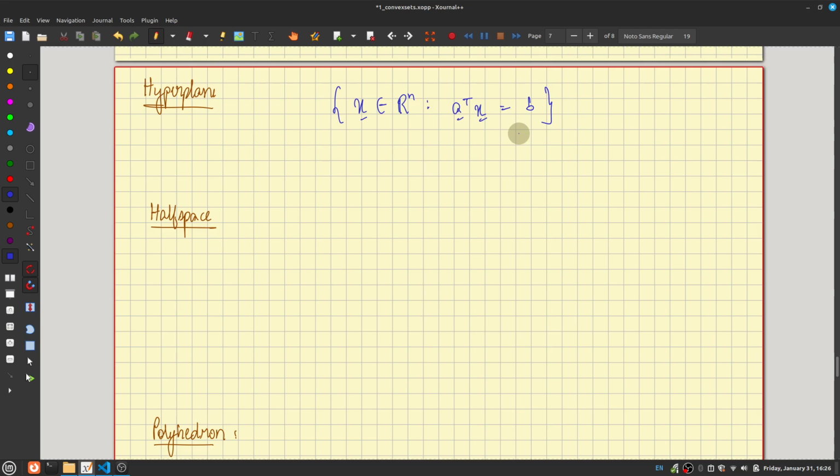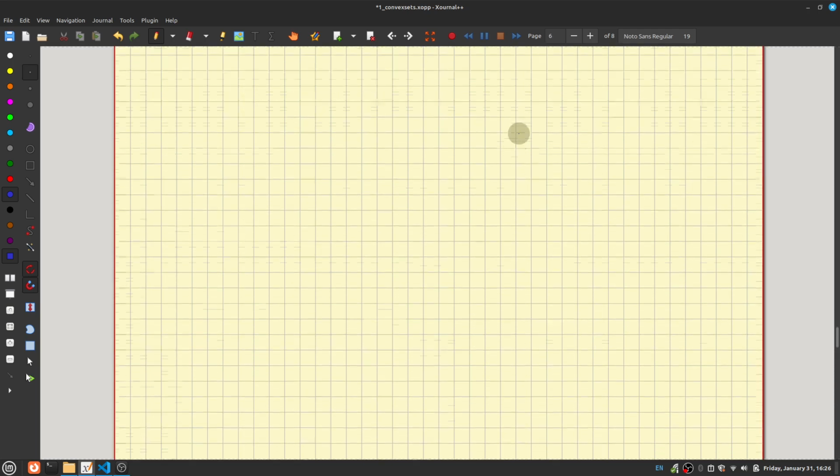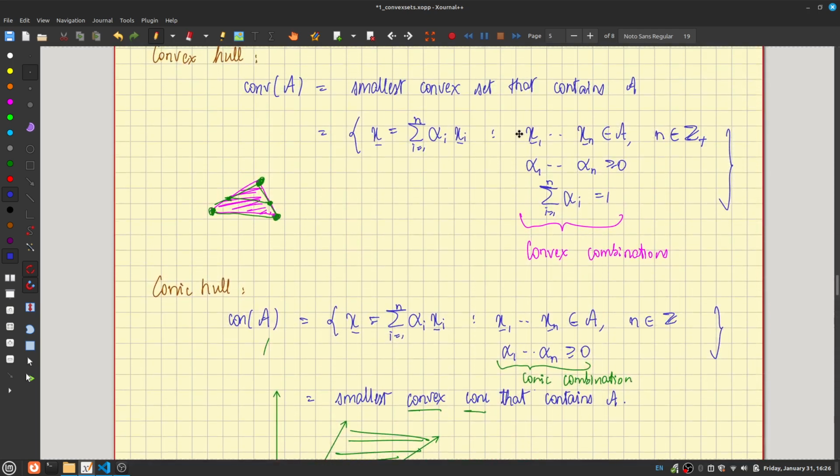Does the conic hull always have to be convex? By definition, yes. It's a simple exercise to see that if the conic hull is closed under all possible conic combinations, then it's also closed under convex combinations, because a convex combination is a restriction of conic combinations.